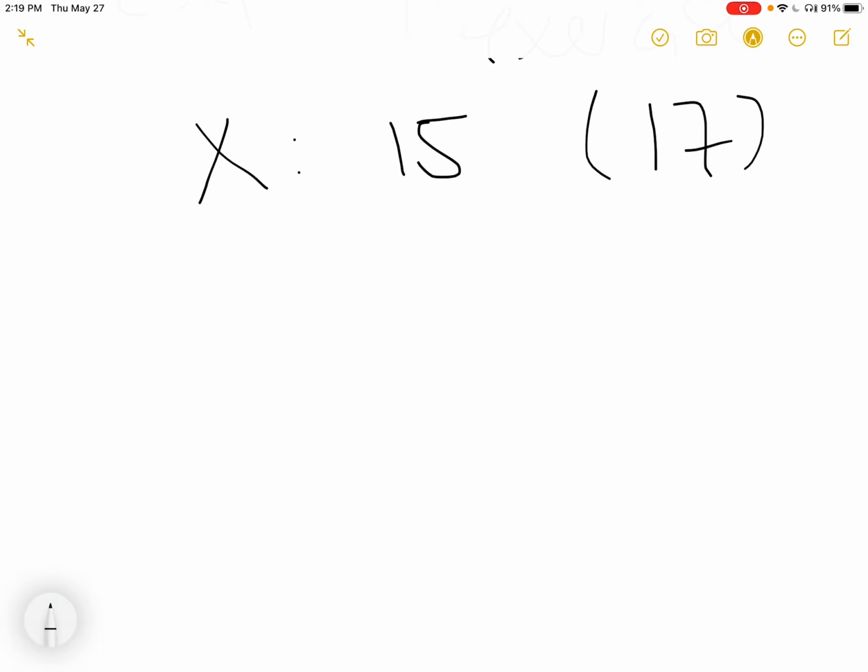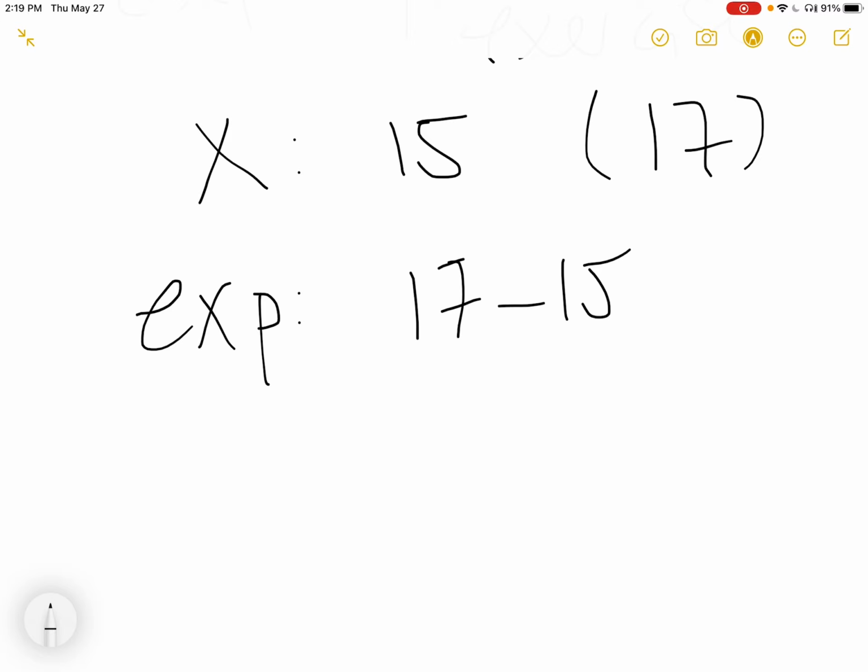So at the day of expiry, let's say you bought a contract with an expiry of 1 week. At the day of the expiry, you take the stock price at the day, which is $17, minus your strike price and minus the premium you paid. I'm going to come to this. And this is your profit. So let's assume the premium is zero for now.